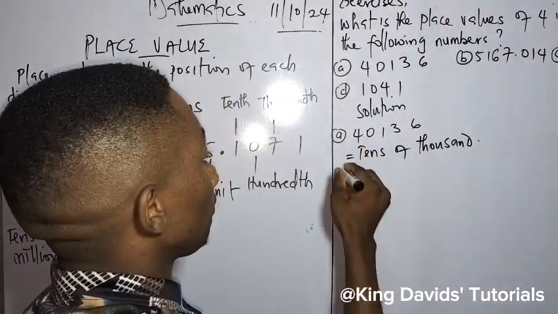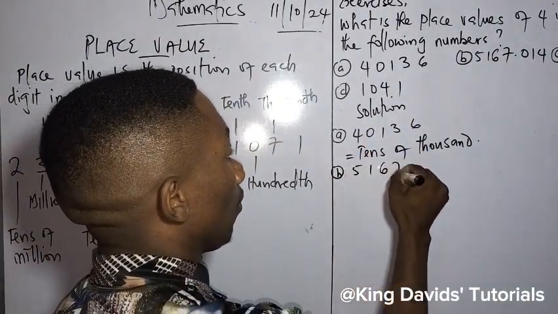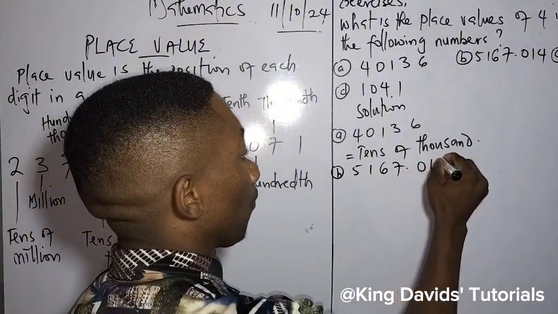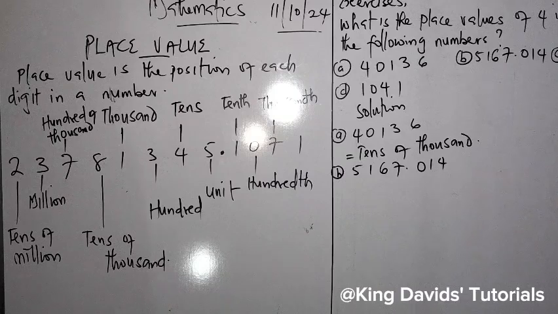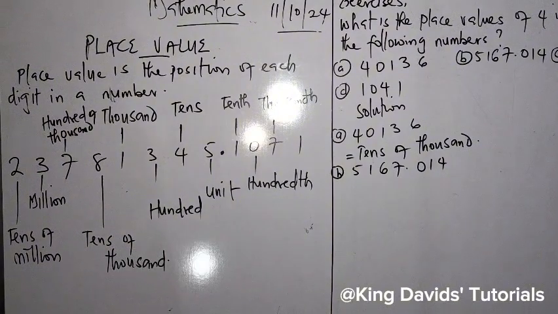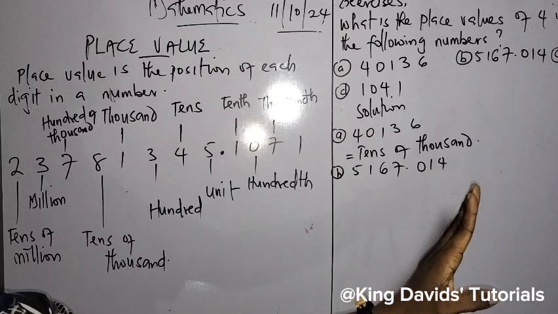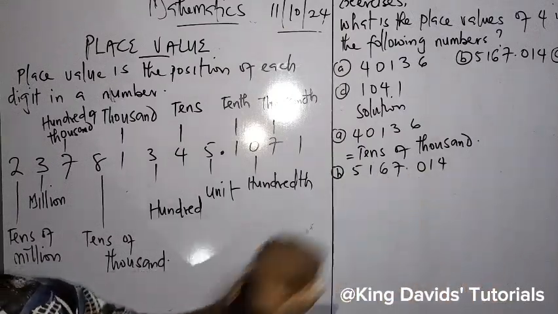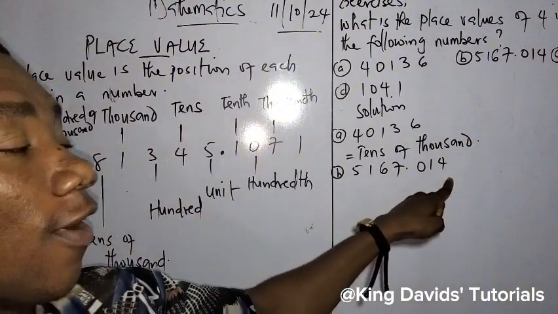Second question. We have this question on the board. 5167.014. Now remember, we have a decimal point, and after a decimal, the first digit we have to the right is the tenth. So our 0 is the tenth, our 1 is the hundredth, and then our 4 gives us what?